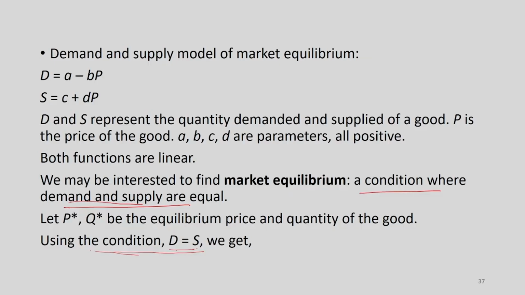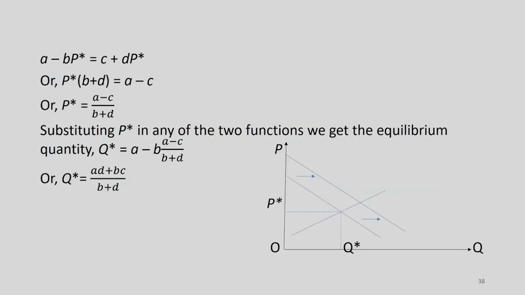Now, as we know, the equilibrium is defined to be a condition where the demand and supply are equal. So, we have to use this condition, and we get the equation that capital D must be equal to capital S. Now we use the fact that D is equal to a minus b P and S is equal to c plus d P. So, we use these two functions, and we get this relation: a minus b P star is equal to c plus d P star.